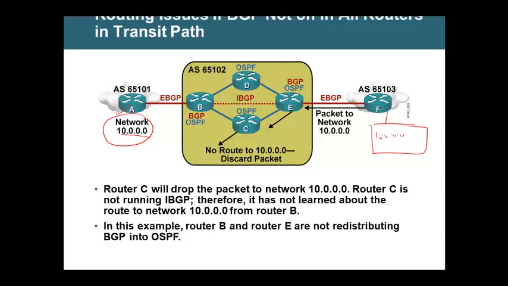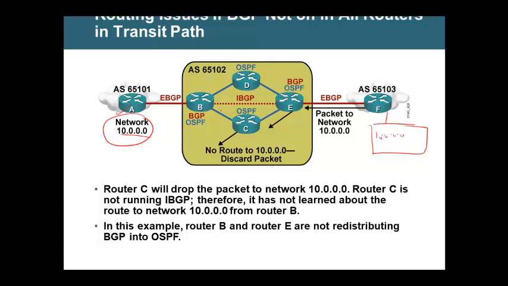Yeah. So E will say you need to go to B to reach 10.0.0.0. Fine. To reach B, will there be any route in the routing table?